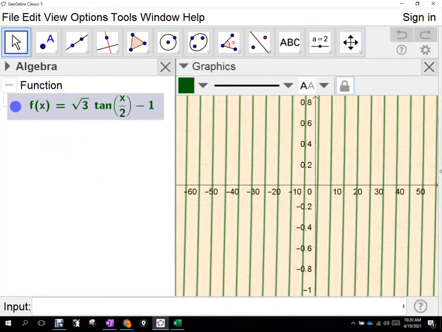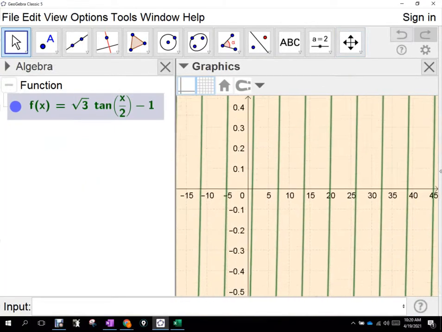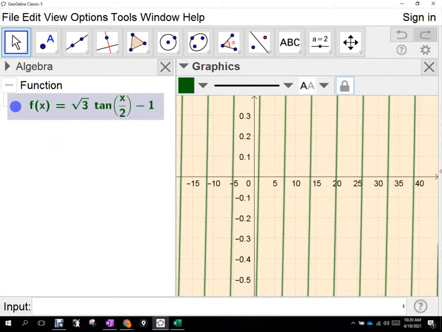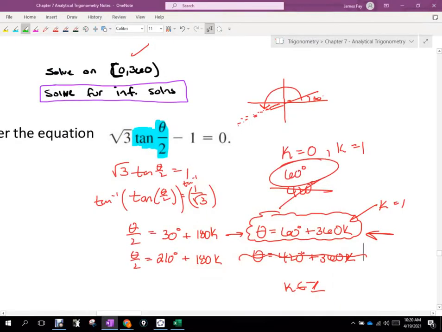That's not the curve that we want. I'll mess around with that later and see what the issue is.